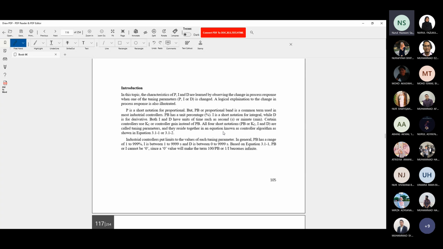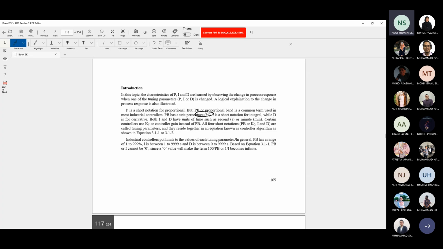What is important here is, before we go deeper on PID, I just want to recall. For the P, normally we call it proportional band or KC, the gain for the P. For the I is integral, D for derivative. So basically PB is in a percentage unit.